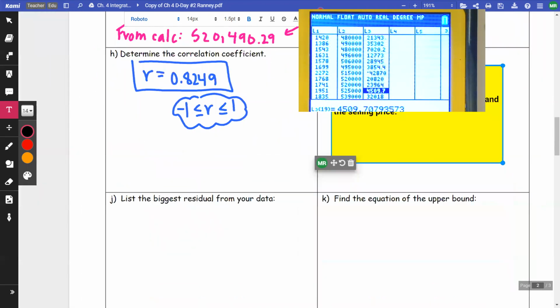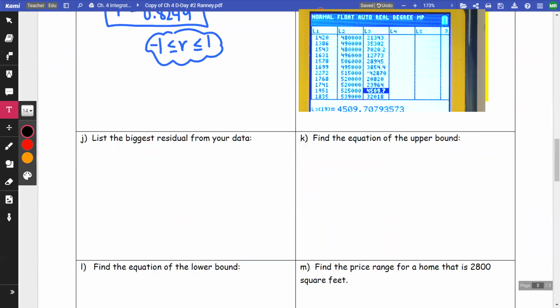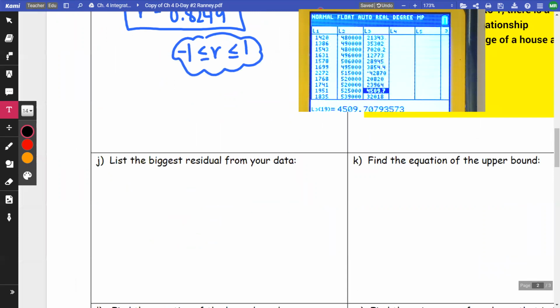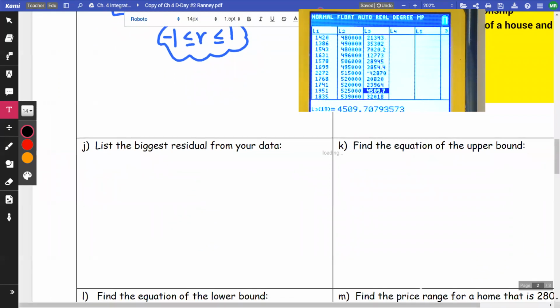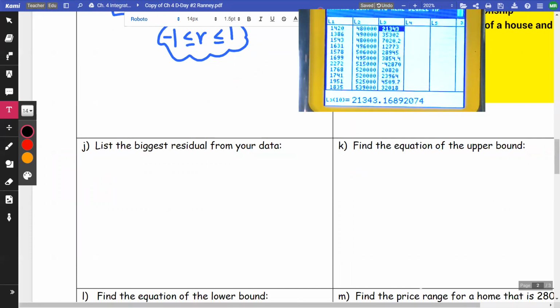Now, on the next part, these ones are kind of what we were doing before with the upper and lower bounds. So with this, you want to look and see what your biggest residual is. And when you're looking, you actually want to get on the number because sometimes it doesn't give you enough spaces. So I'm going to go up to the top here and see which one is the biggest off.